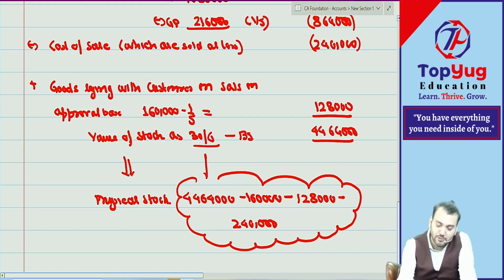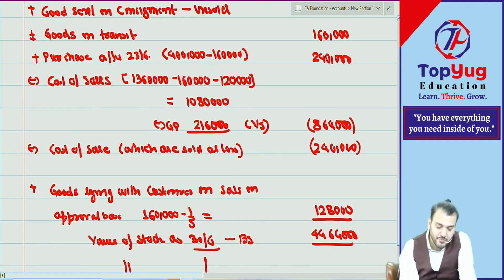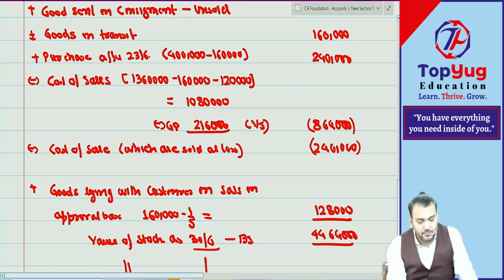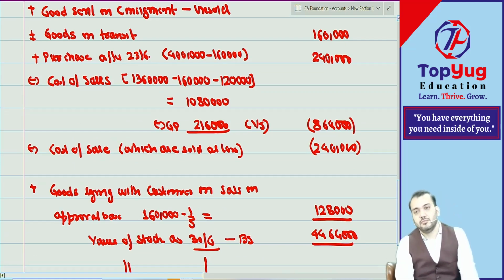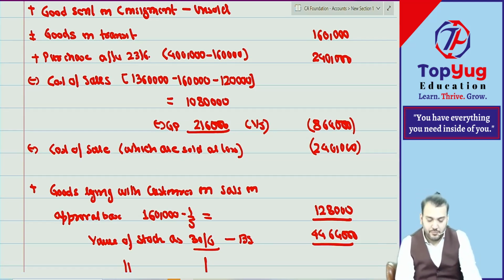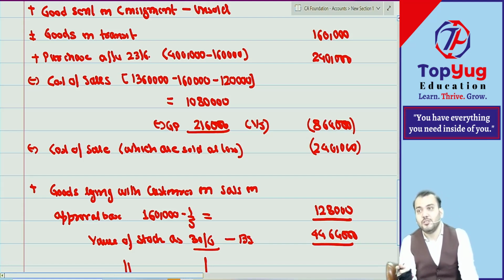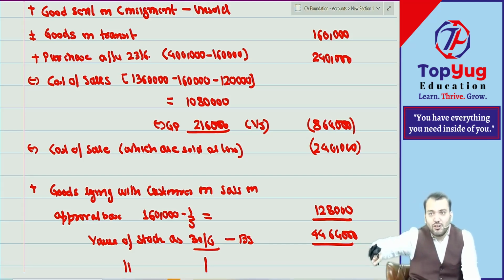Correct. Now coming to your point. What is your doubt? No, no. First we have deducted what? The goods which are not yet approved. That is not a sale, so that should be removed from closing stock.